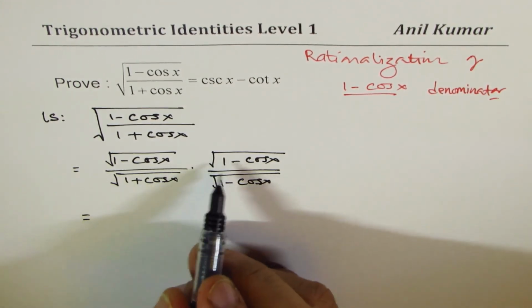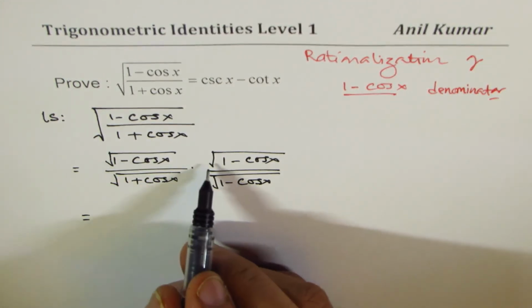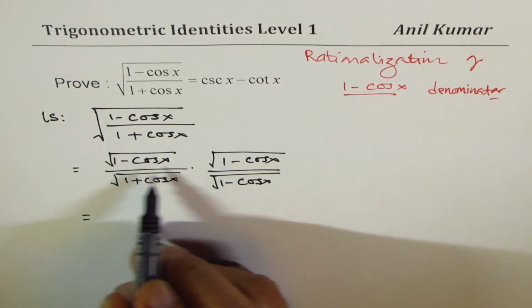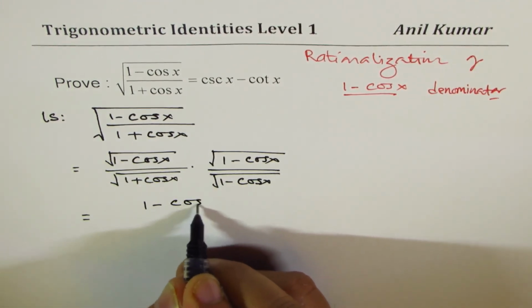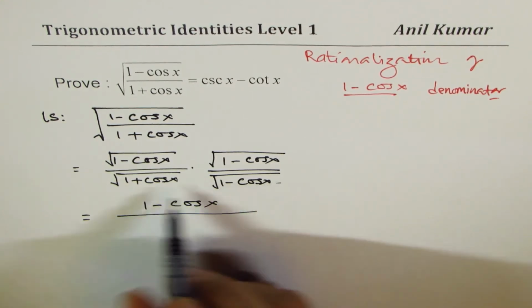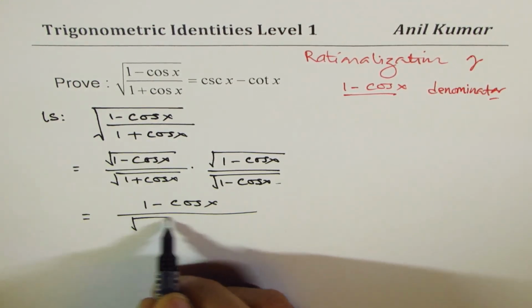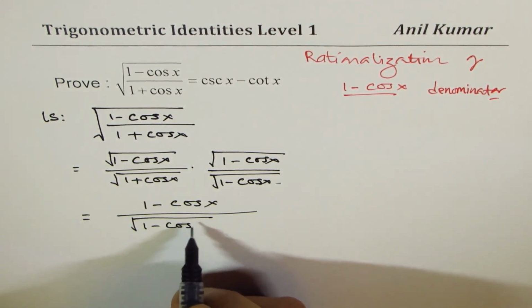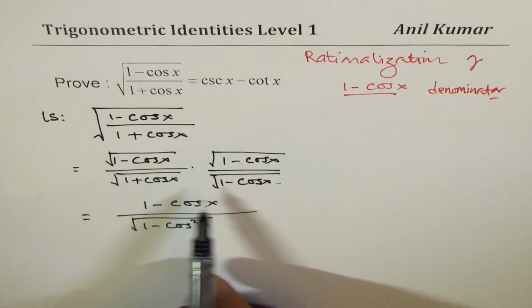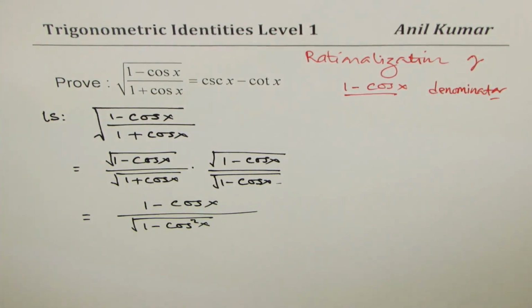Now what is 1 minus cos x square root times 1 minus cos x square root? It is just 1 minus cos x, correct? In the denominator, we get within the square root 1 minus cos square x, right? A plus b times a minus b.